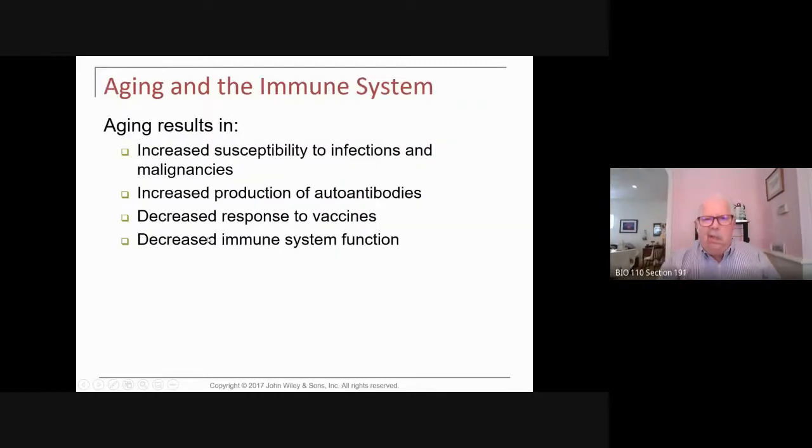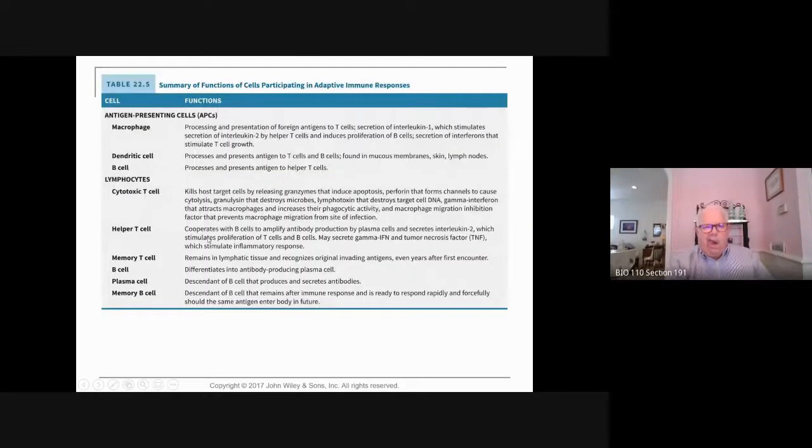Whoops, sorry about that. There are memory T cells. How do you know that something has been there before? They're called memory cells. Okay? All B cells produce antibodies.